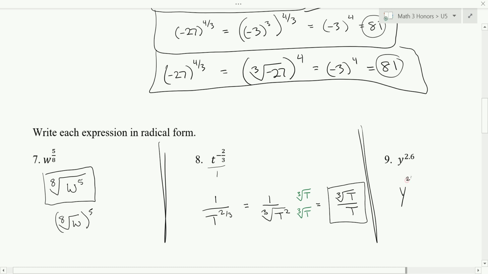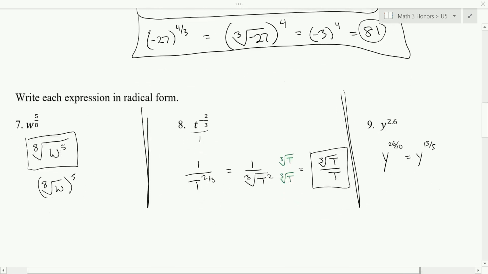So 26 over 10, and then you can reduce that fraction to 13 over 5, and then it's just like number 7. 5th root of y to the 13. But we shouldn't stop there. Why not? You've got to simplify your radical. So we have 13 y's, and we've got to pull out sets of 5.